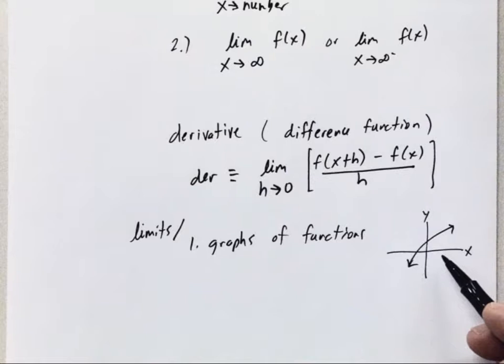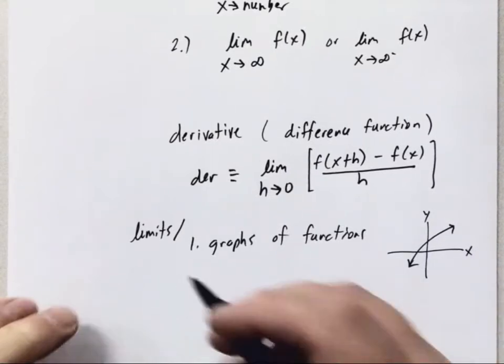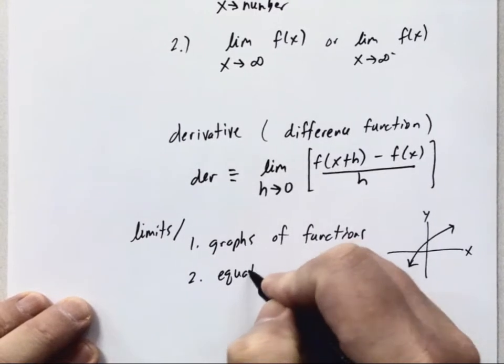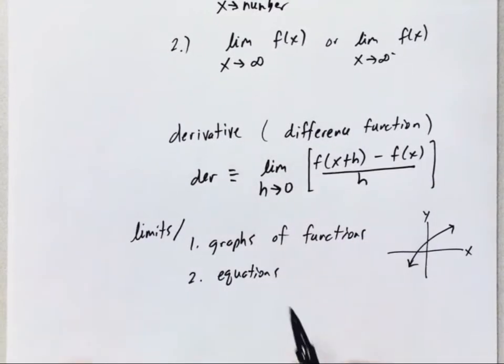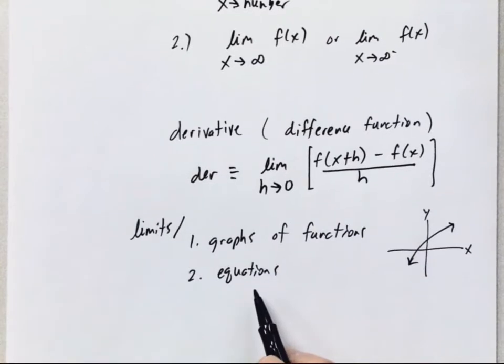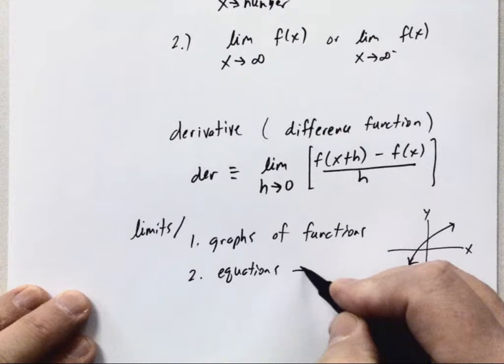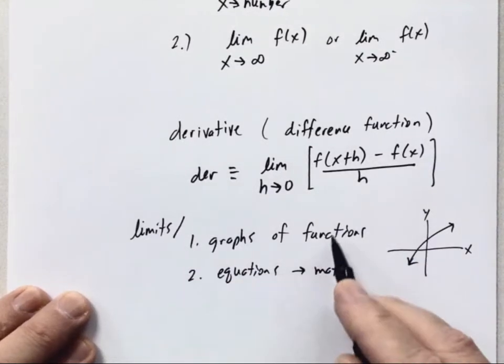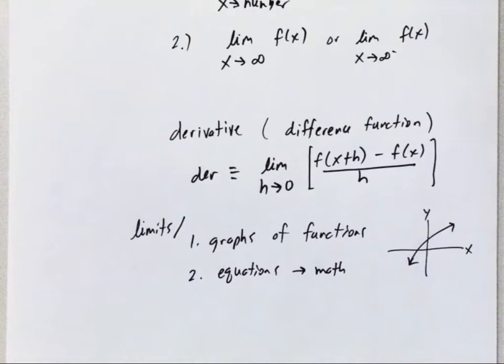We're going to look at some graphs of functions and see how to calculate limits from looking at graphs. And then we'll go ahead and begin to figure out how to determine the limits when we're given an equation. So this is more sort of using math to find limits, and this will be looking at graphs.